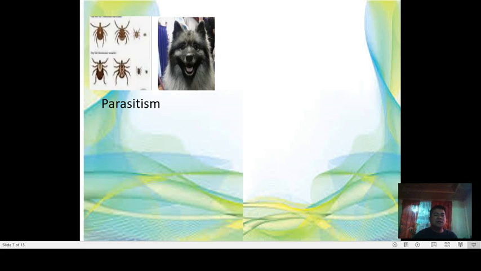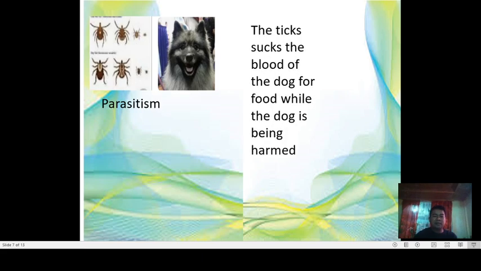The host is the dog while the parasite are the ticks. The tick sucks the blood of the dog for its food while the dog is being harmed. So only the parasites or the ticks are benefited, harming the dog.